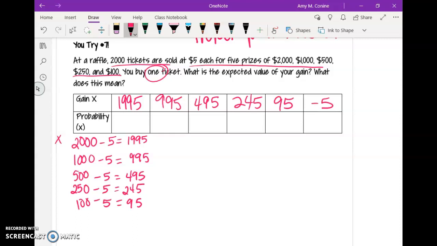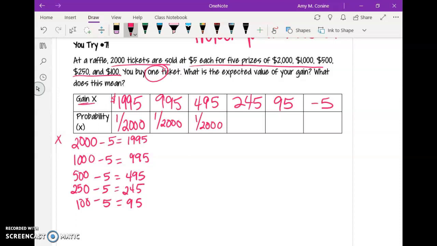Okay. So then we need to show the probability of our random variable X, which is our gain. So we have 1 chance out of 2,000 tickets to win $1,995. Again, we have 1 chance out of 2,000 to win $995.